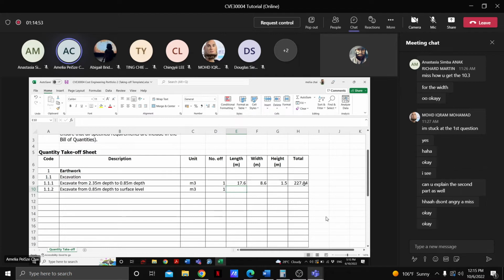Okay, so for this one, you get the average length and average width. So it's how much? 19.3 plus 17.6 divided by 2, 18.45. This one equals your 10.3 plus 8.6 divided by 2, 9.45. Your height, that's 5.